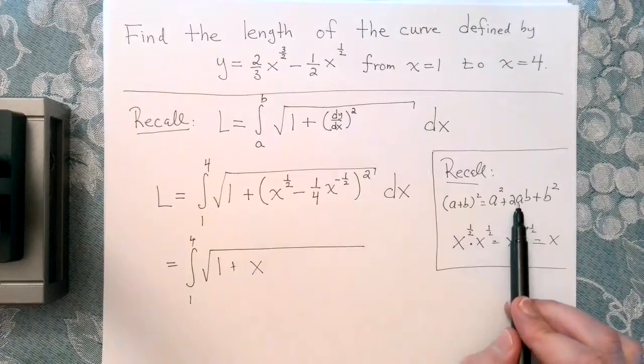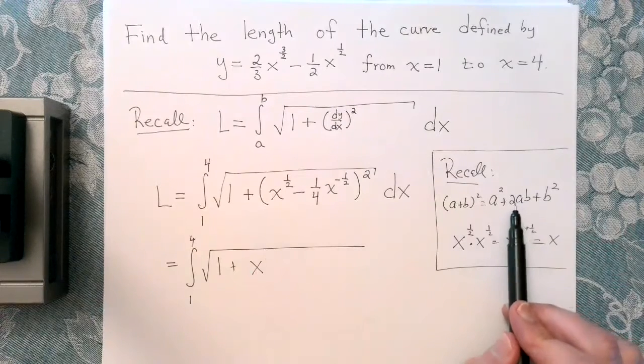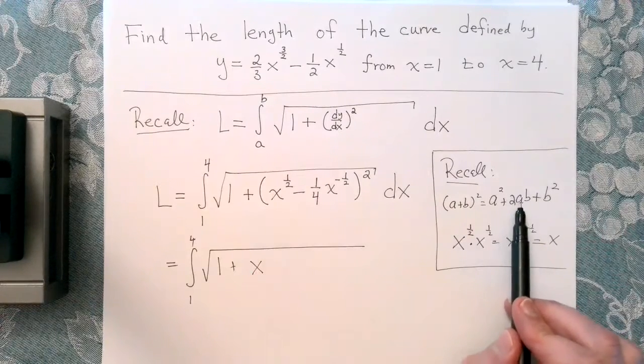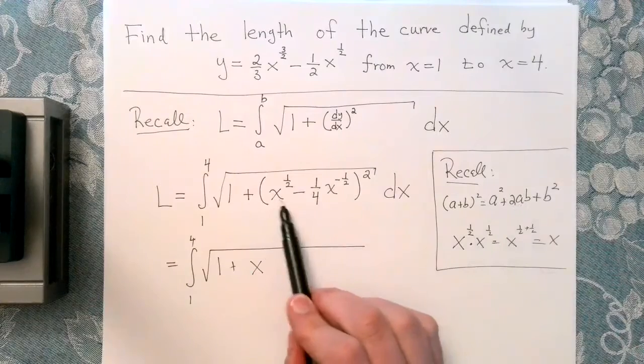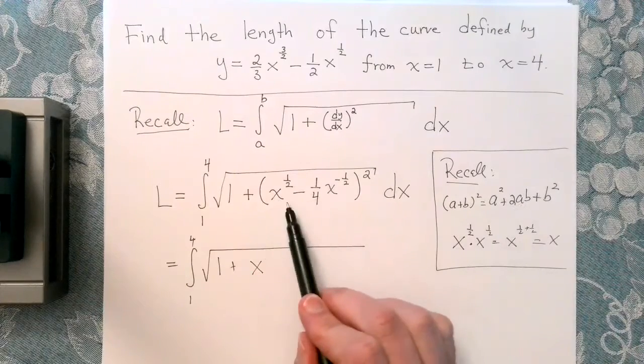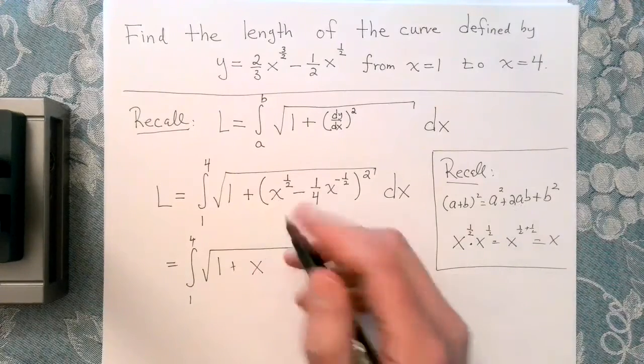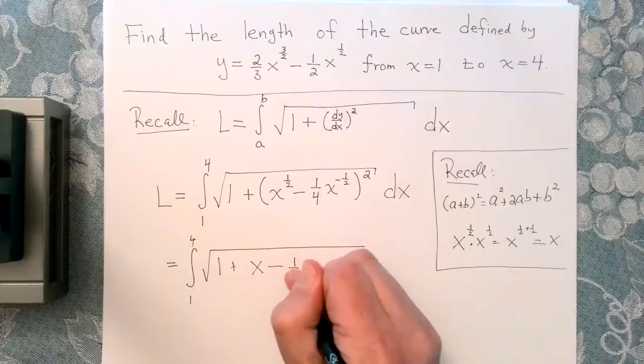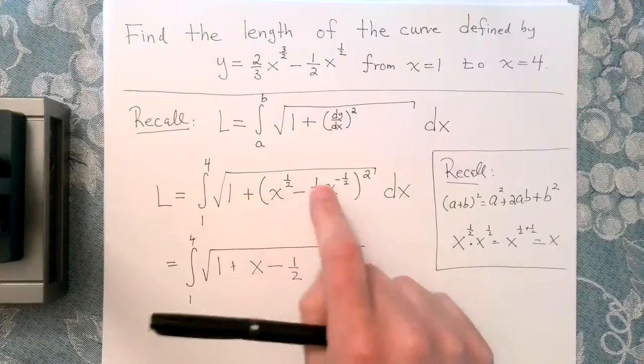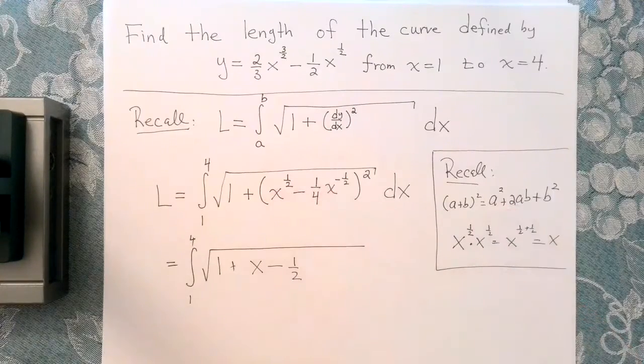Now I want to multiply a and b and then double that product, right? So double the product of the inside. The product of these two would be minus 1/4, and then double that for minus 1/2. So it's this times this, but doubled. And then I need b squared.